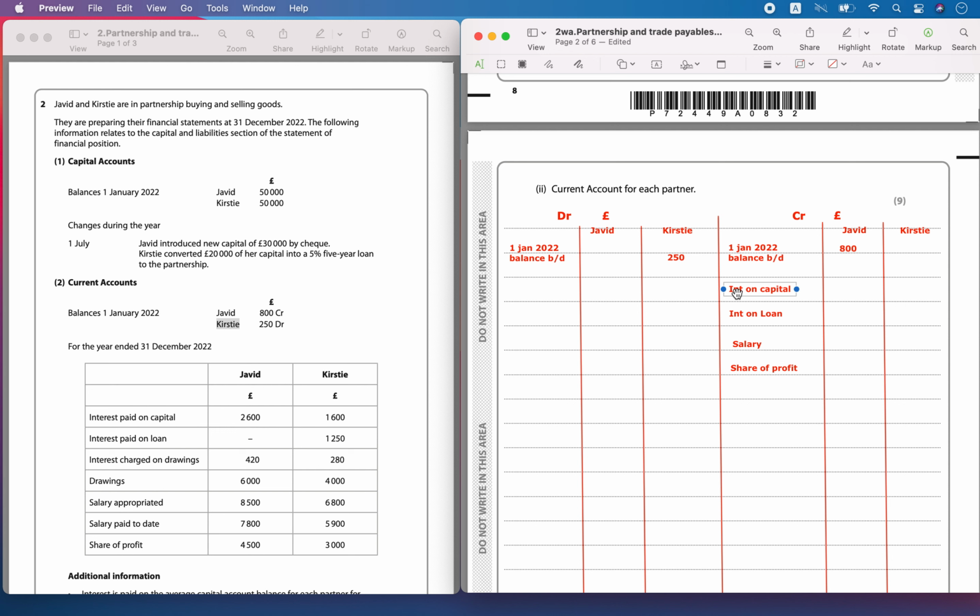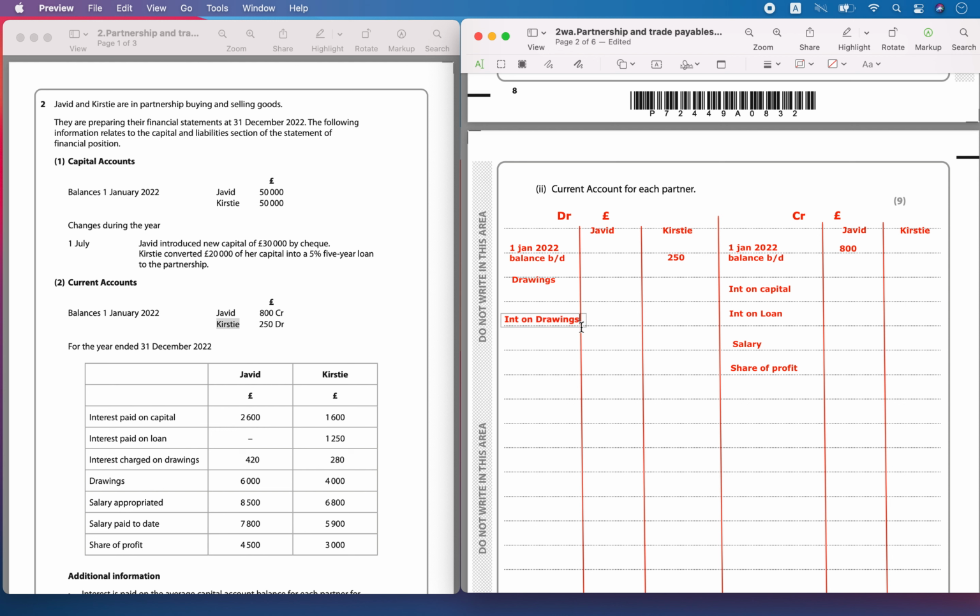On this side you are supposed to include interest on drawings. So you will have to include both the drawings made by the partners and the interest.